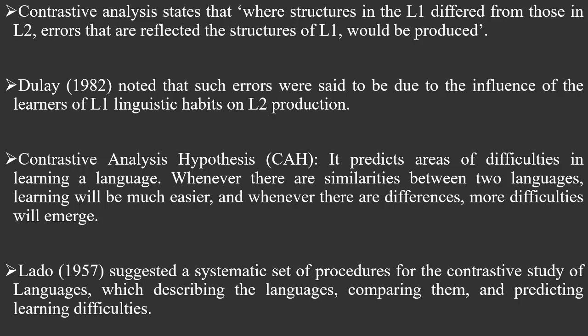First, you describe the languages, for example, English and Arabic, or English and French. Then you compare them, what is different and what is similar, in their structure. And then you predict learning difficulties. If the structures are similar to each other, learning would be much easier, and if the structures are different, learning would be difficult.